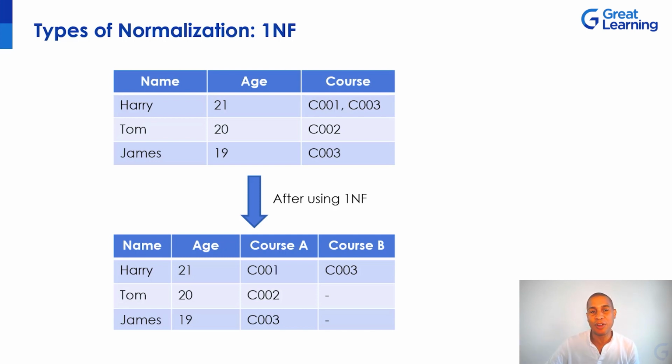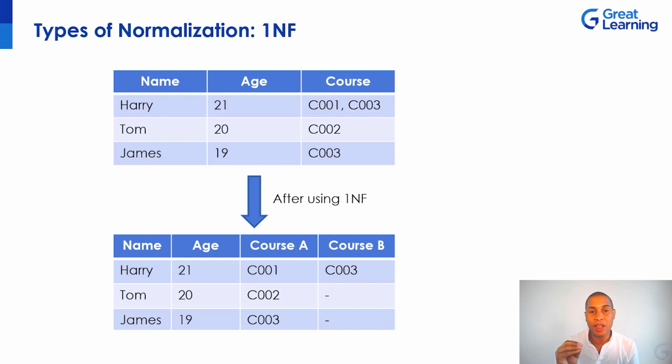However, when we get to courses, we don't have a unique course for each one of them. We see that Harry has two courses that he has taken. And we know that we can subdivide those two courses because we can see that they're separated by a delimiter, or a comma. So that doesn't follow the first normal form, which requires us to have atomic values.